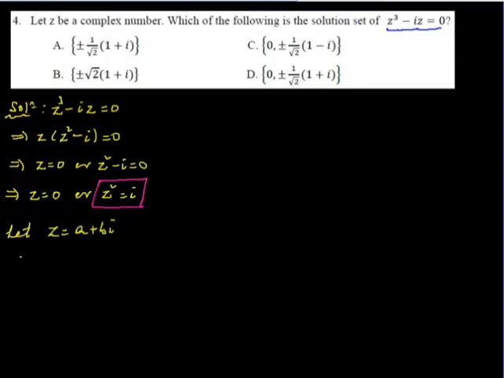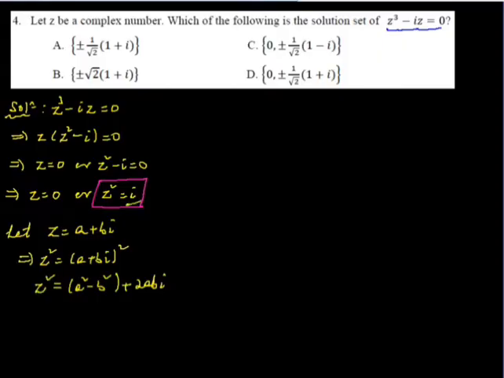Then z squared becomes a plus bi squared. You can square or you can multiply a plus bi with itself. The result is a square minus b square plus 2abi. Okay, this is our z square.